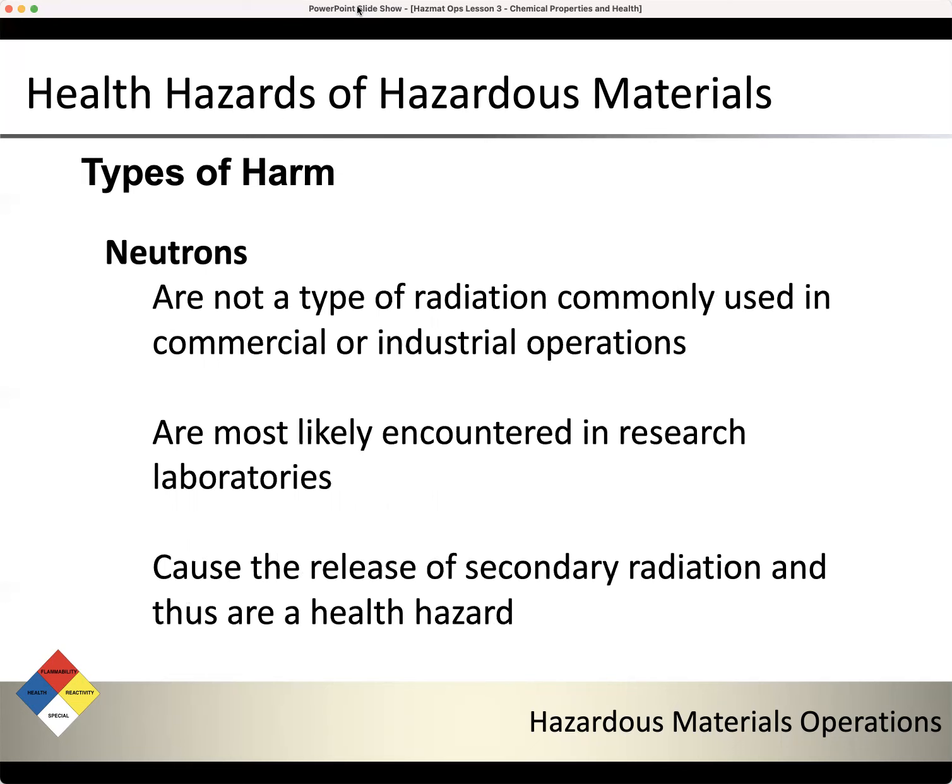They are not commonly used in commercial industrial operations, usually only encountered in research laboratories. They can cause the release of secondary radiation and thus are a health hazard. You should never encounter neutron radiation.